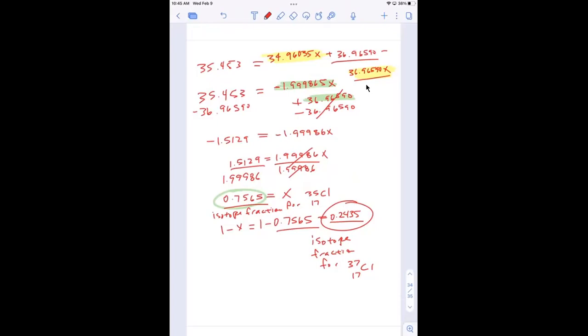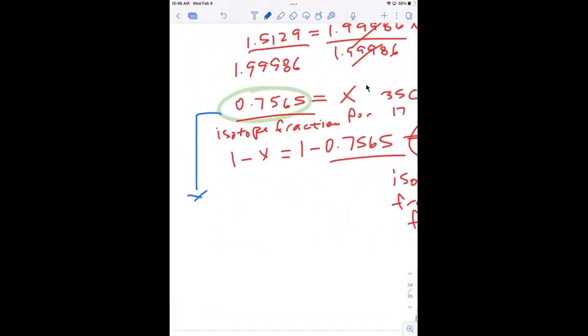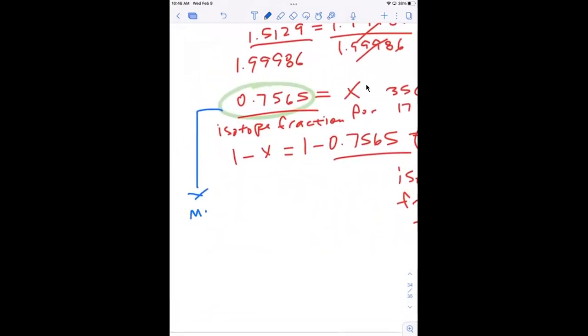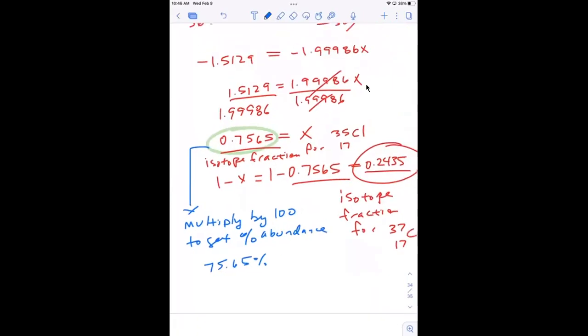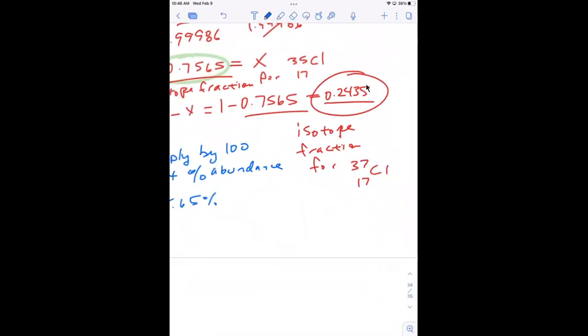All right, so what are the percentages now? I just take each number and multiply it by 100 to find out what the percent abundance is. So I'm going to take this number right here and multiply it by 100. So that's going to be 75.65%. Is that right? And then over here, do the same thing.